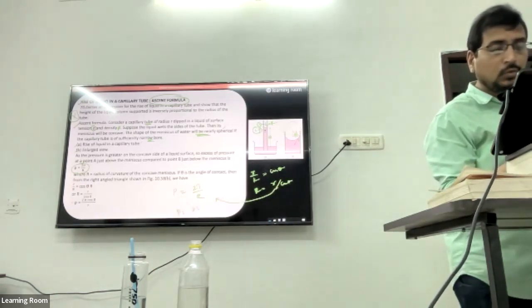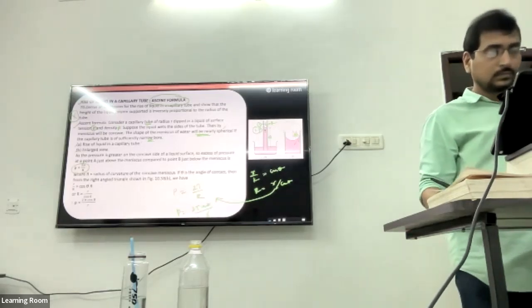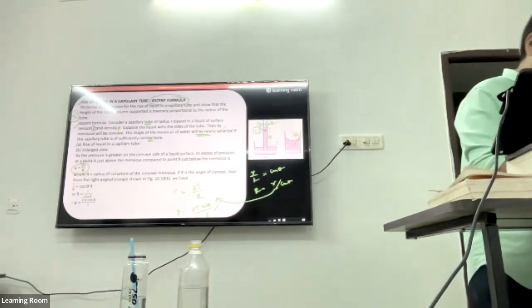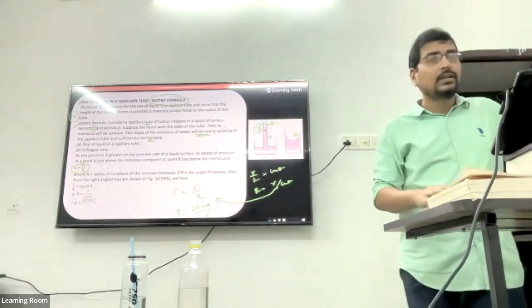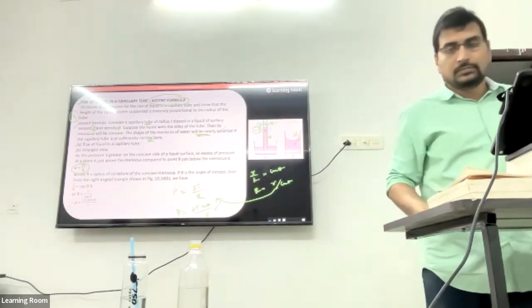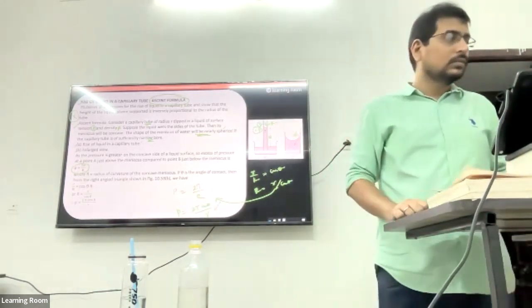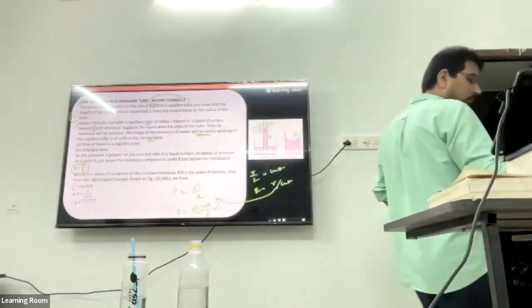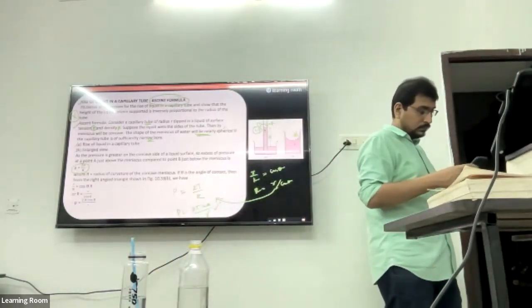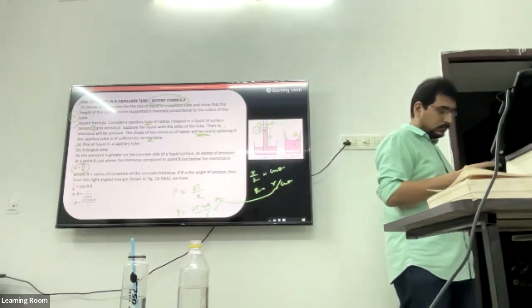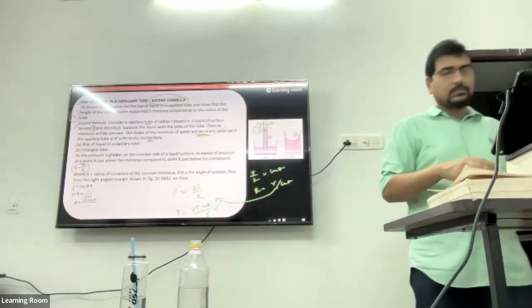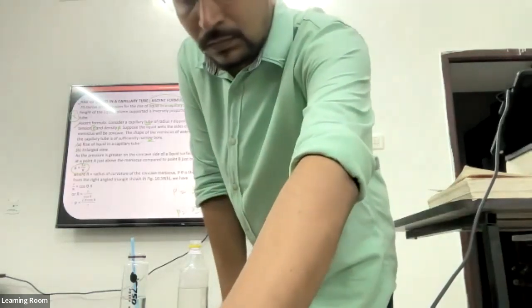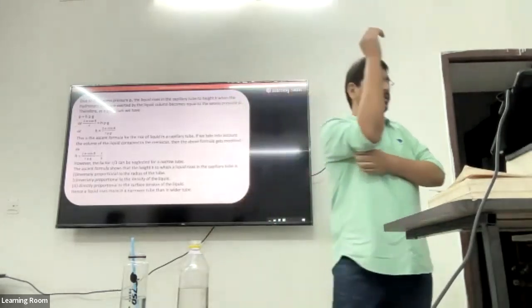Then P will be equal to 2T cos theta divided by small r.